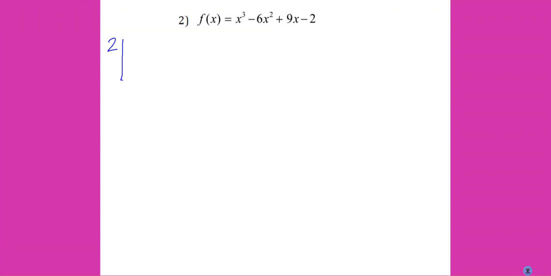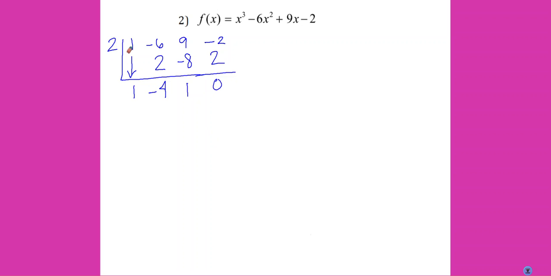So 2 goes outside the synthetic division. And I have 1, -6, +9, -2 for my coefficients. Bring down the 1, multiply, add, multiply, add.